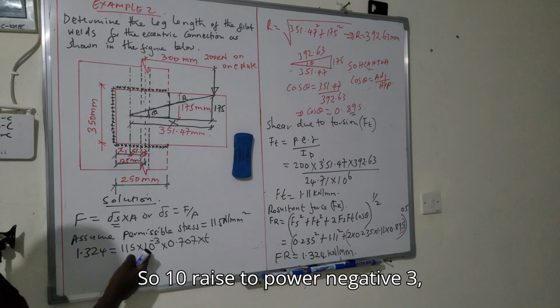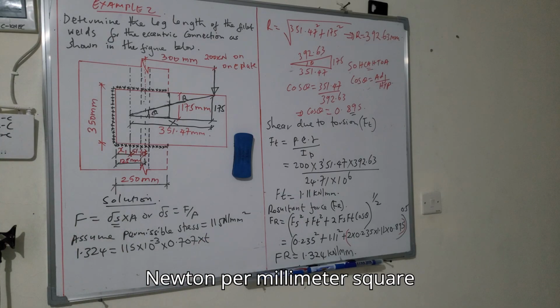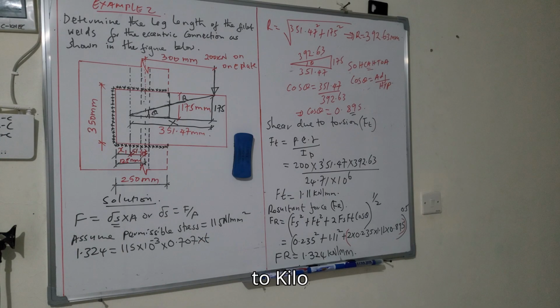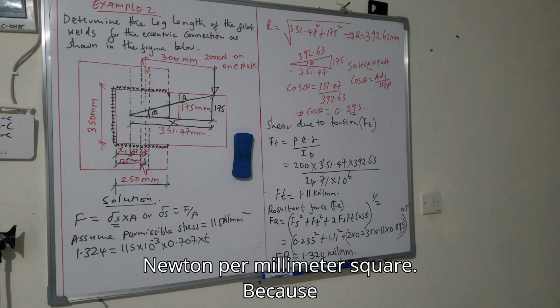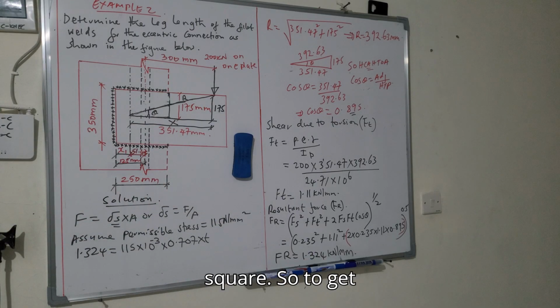So 10 raised power negative 3, we are changing this Newton per millimeter square to kilonewton per millimeter square, because this is in kilonewton per millimeter square.